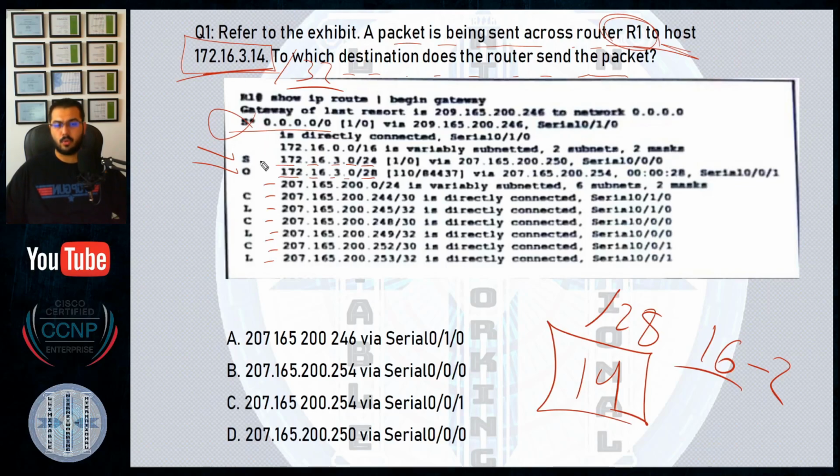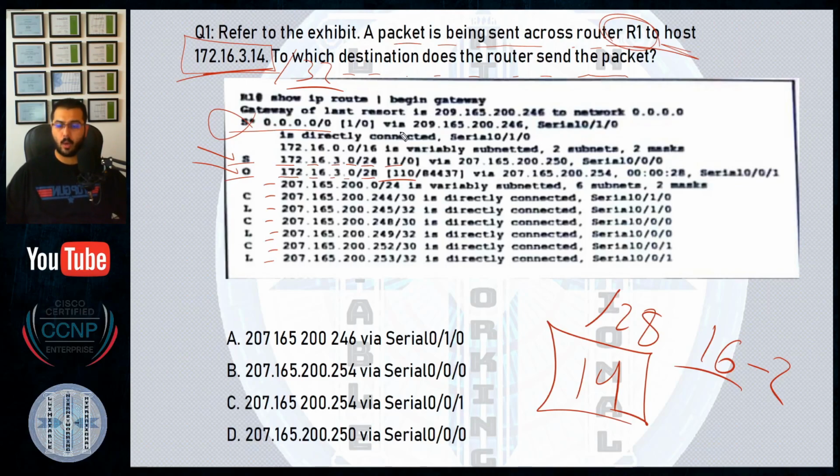Only these two. So between these two, the competition will be between a static route, which has an AD of 1, and an OSPF route, which has 110. Who will win? The static route, with the lower value. Yes, but that will be step 2.